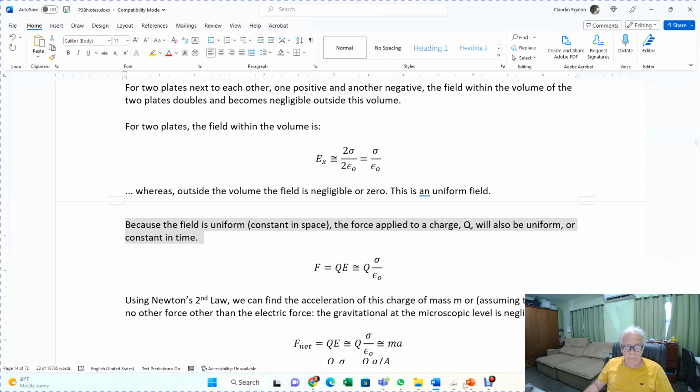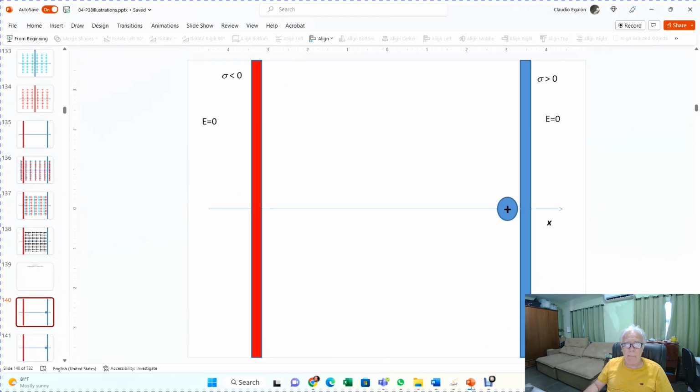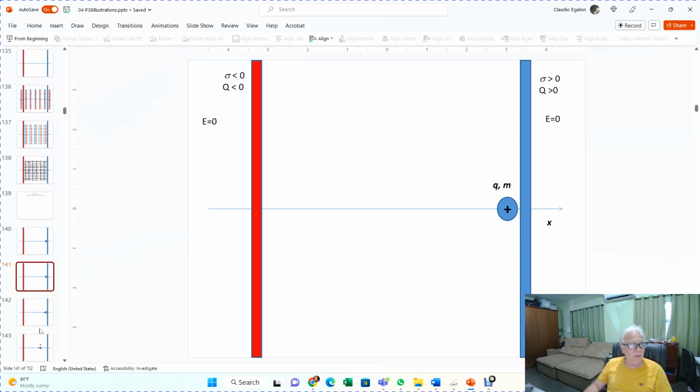So if we place, for instance, a positive charge next to the positive plate, this charge is free to move here in this space in between the two plates. This charge is going to feel a repulsive force to the left.